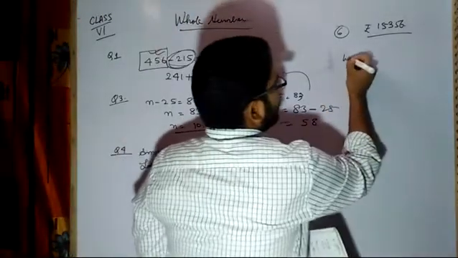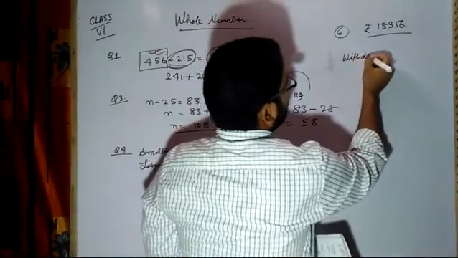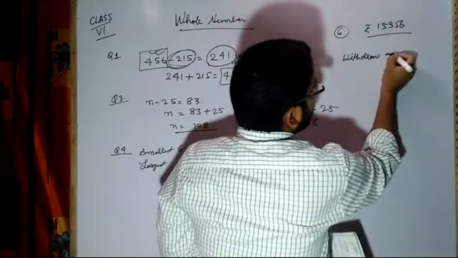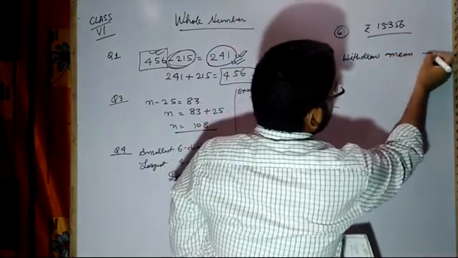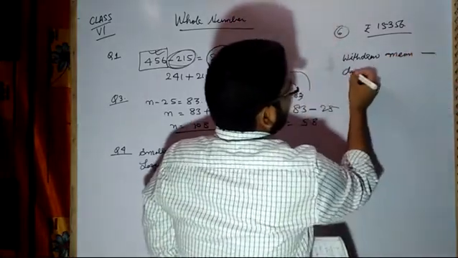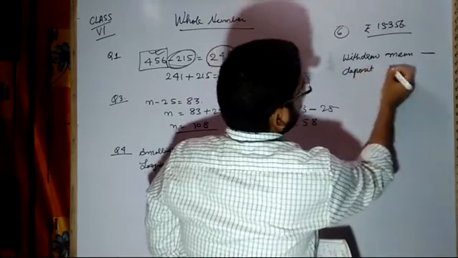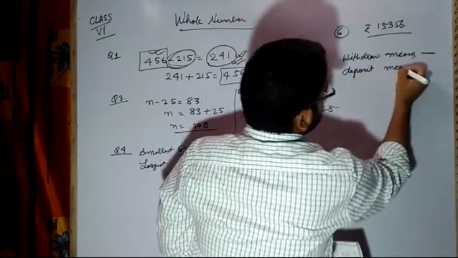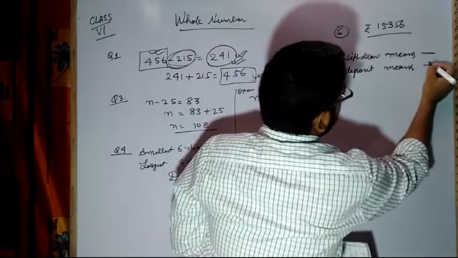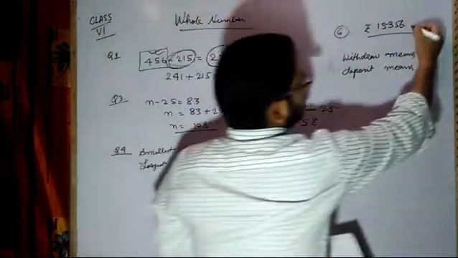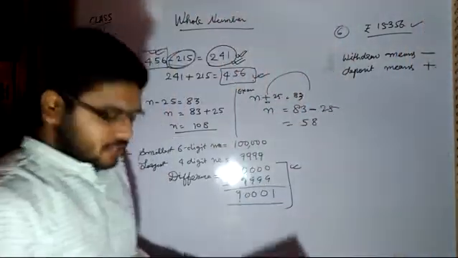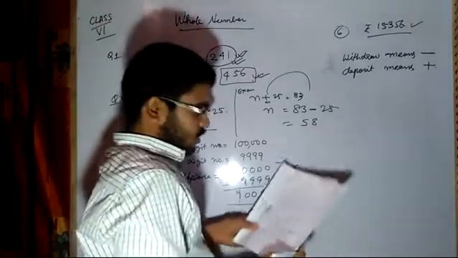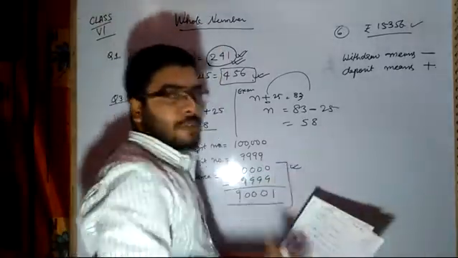So you have to remember, withdraw means minus, subtraction. Then deposit means addition. So here he was having 15,356. When he deposits this much, what is his amount? Then we will add.